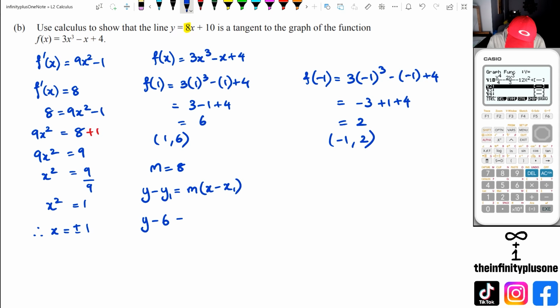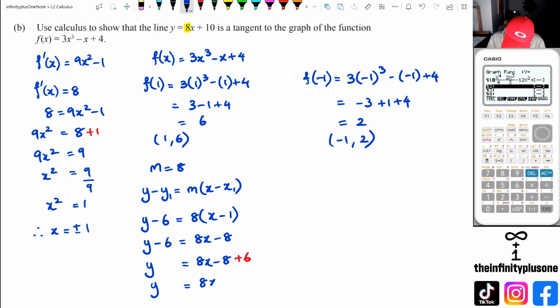So we've got y minus 6 equals 8 times x minus 1. So y minus 6 is equal to 8x minus 8. Y is equal to 8x minus 8 plus 6. And our first equation is 8x minus 2. Now this is not correct, so we're not interested in this.